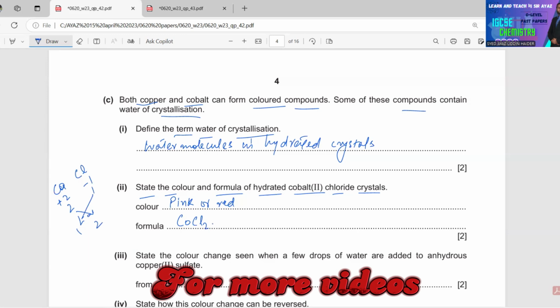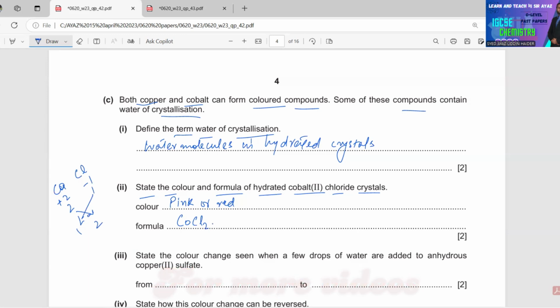Now they are saying hydrated. The hydrated one, the formula is CoCl2·6H2O. 6 water molecules are part of this cobalt(II) chloride crystal.